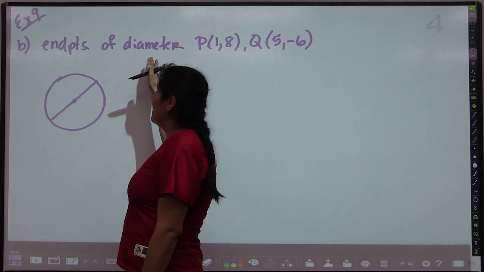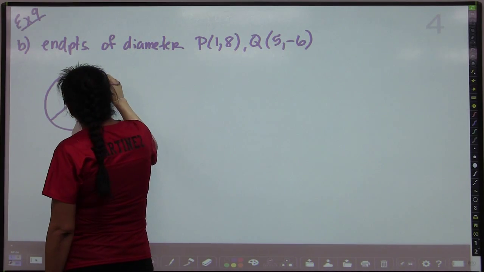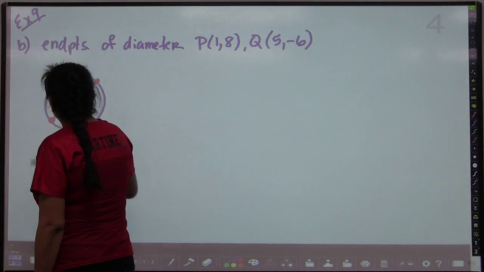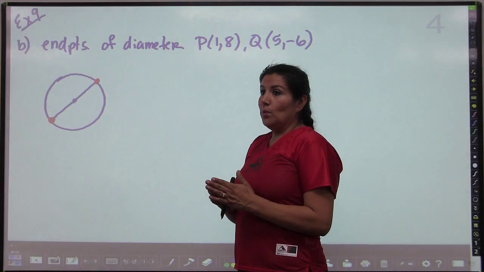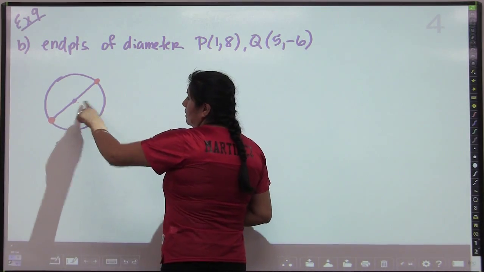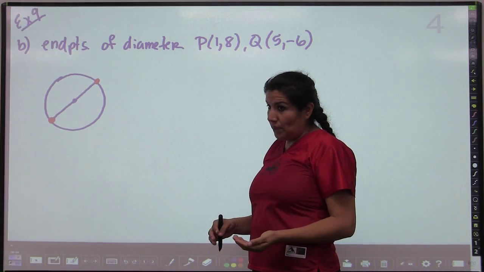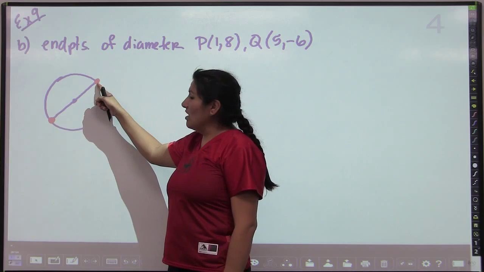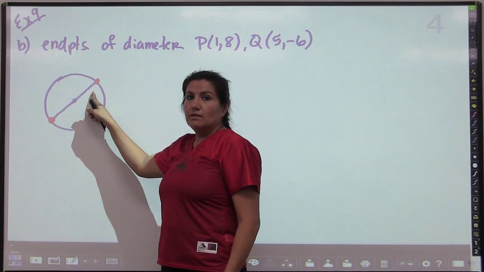So when they tell you that it's the end point of the diameter, they're basically giving you this point here and that point there. So to find the center, we would need the midpoint formula. And then to find the radius, we would have to use the distance formula to go from one of the endpoints to the middle. That would be the radius, right? That's what we're going to do.